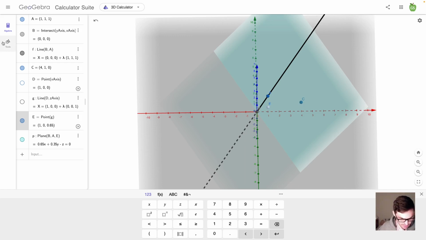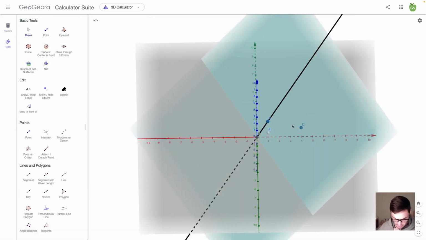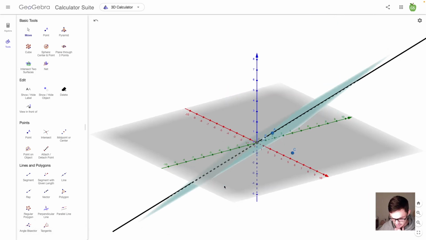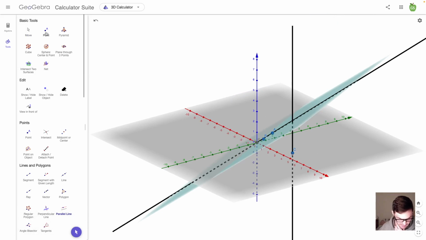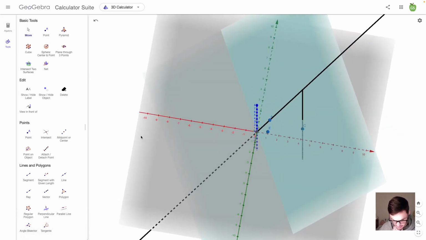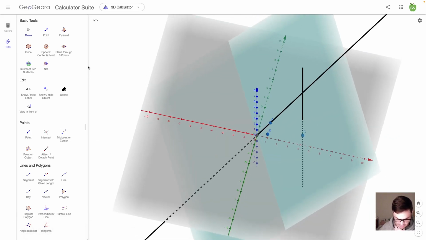Now what we'll do is draw ourselves another line parallel to the Z-axis, through C. Excellent. And now we'll rotate this back up so we can see what we're working with.